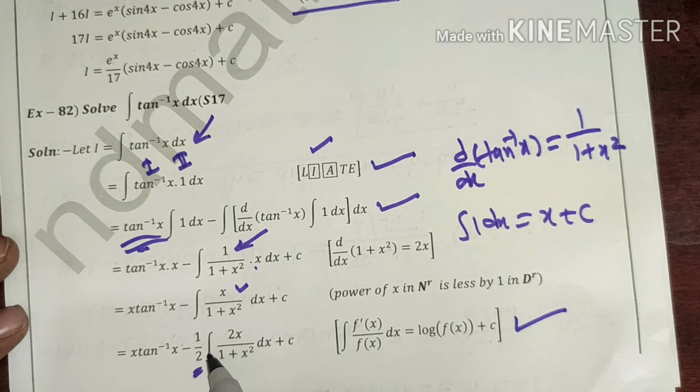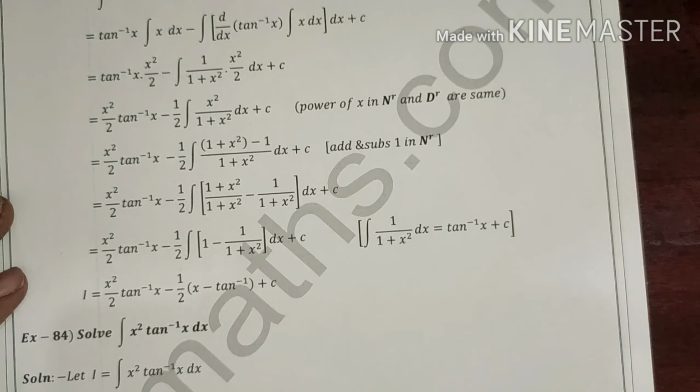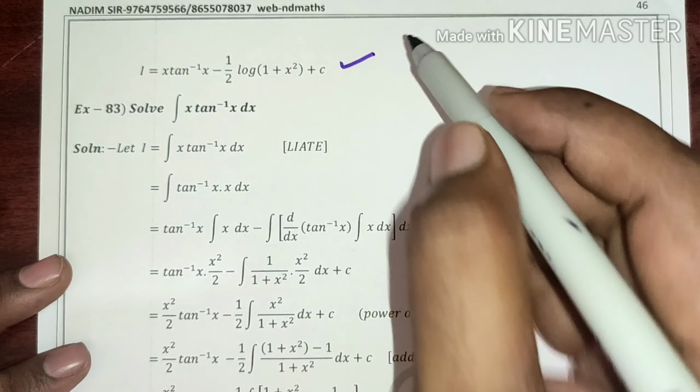So we multiply by 2 and divide by 2 for this, and we use this formula. The answer will be log of the denominator, meaning log of 1 plus x square.